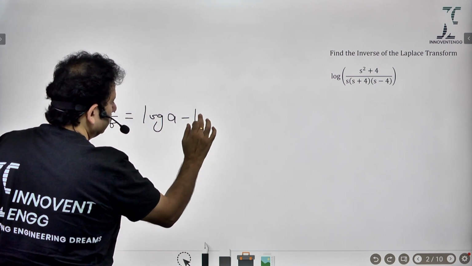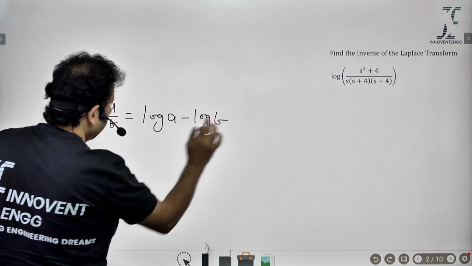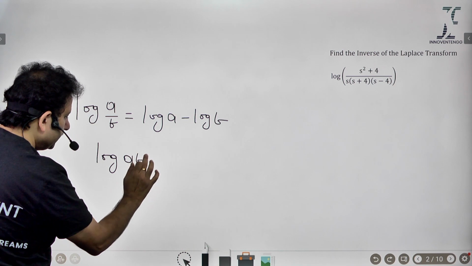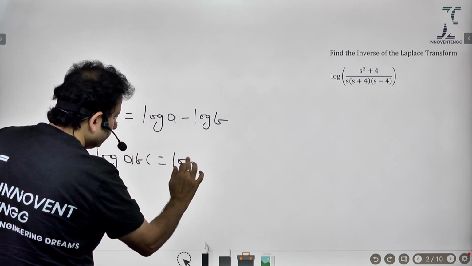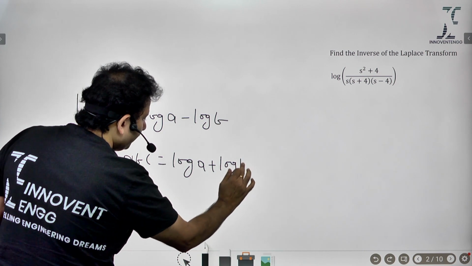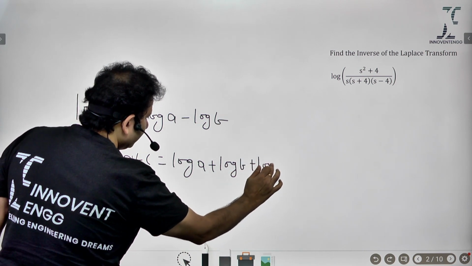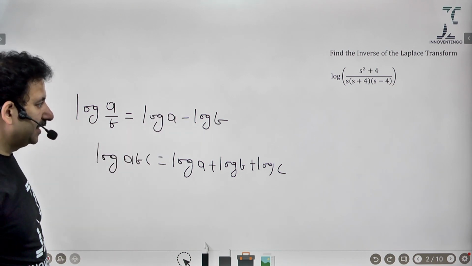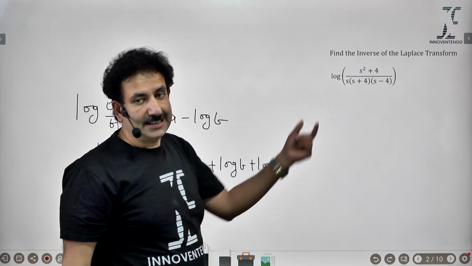Log a minus log b. And also remember, if you have log of abc, that is simply equal to log of a plus log of b plus log of c. All right. So these are the two rules I'm going to employ in order to simplify this expression.